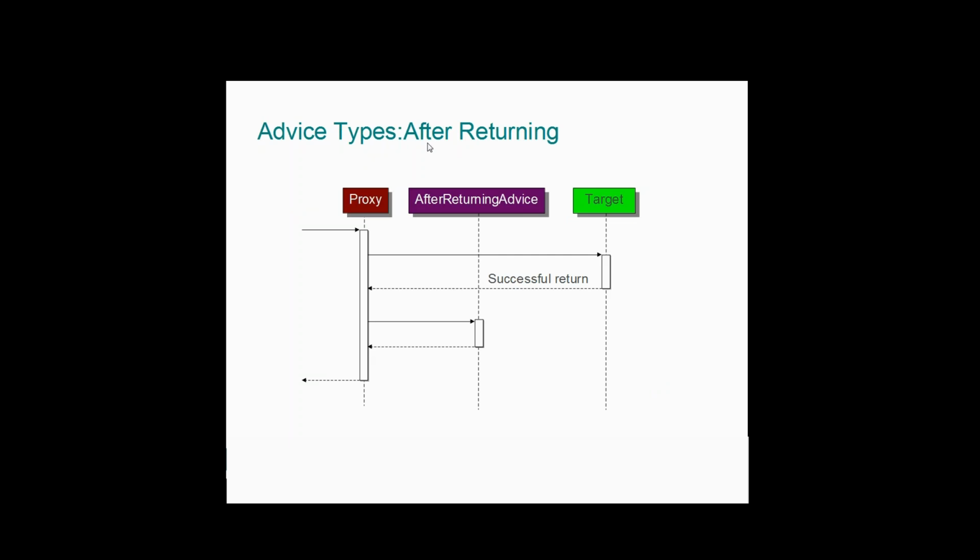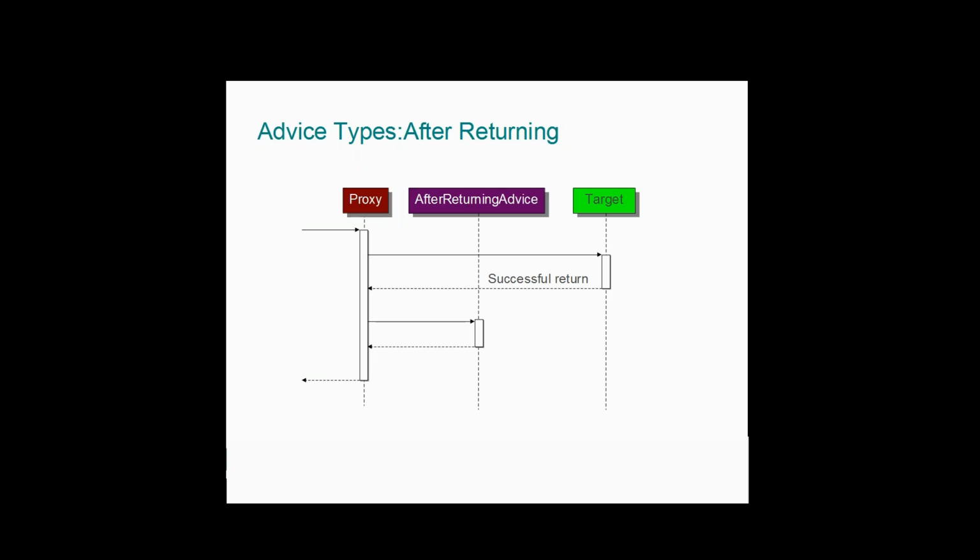The other type of advice is after returning. If you look at any method call, while returning it can return an object, or it can throw an exception. Whether it's an exception or a success case, I want to do something out of it. So I have three different cases: return successful and return exception, and in either case I want to do it.